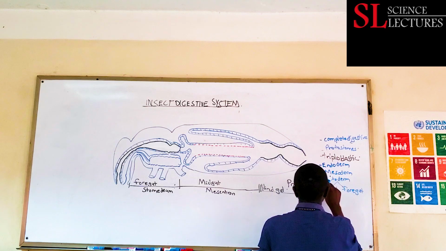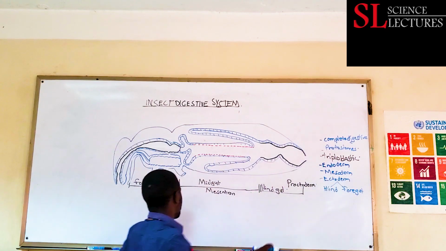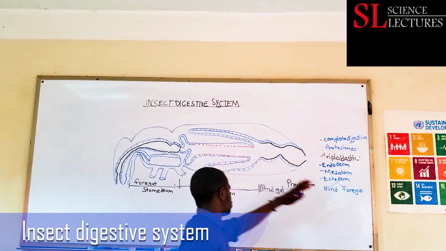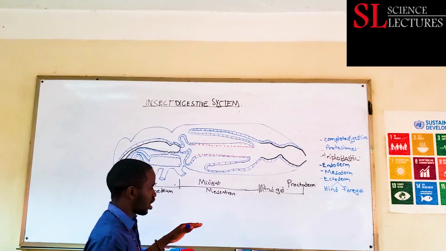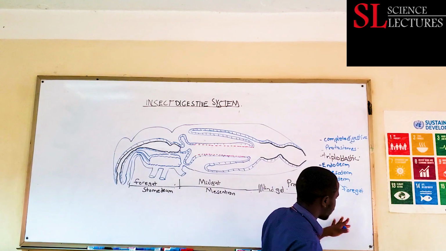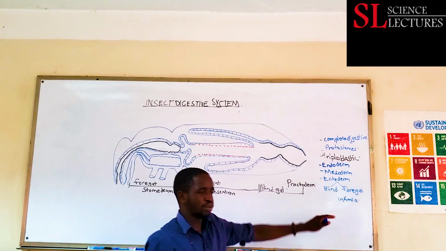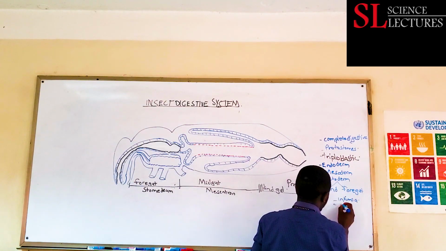The hindgut is formed by invagination of the ectoderm, and the foregut is also formed by invagination of the ectoderm. The part of the ectoderm that forms the foregut is what we call the intima, and this intima forms the cuticle.